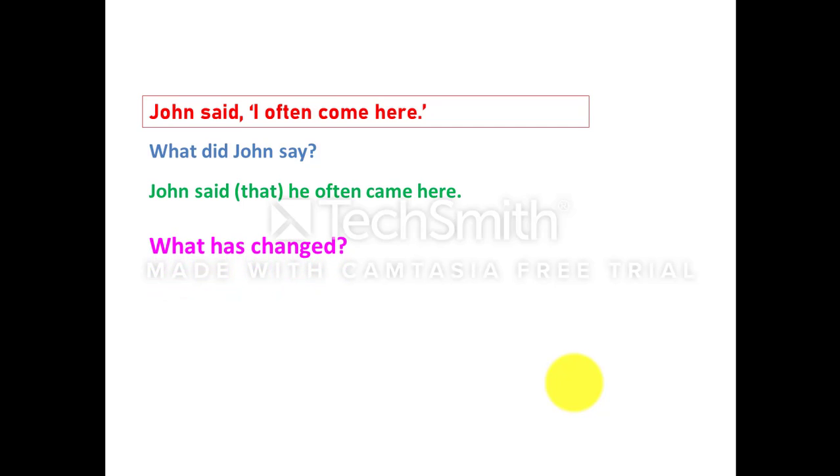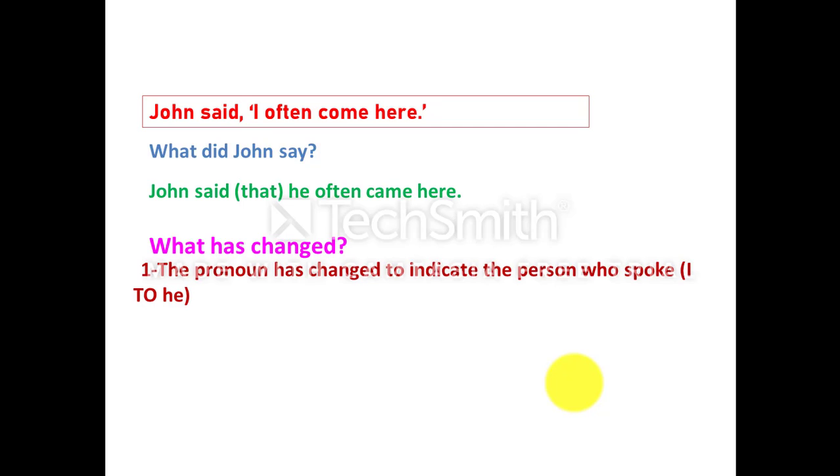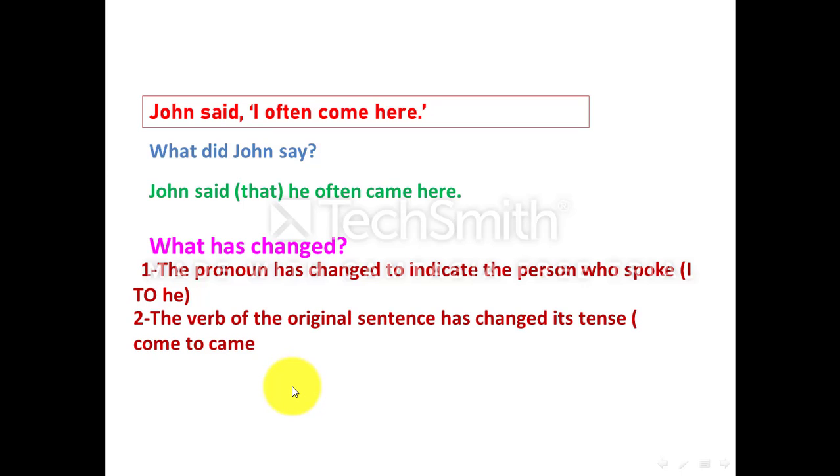What has changed, my dear students, here? Number 1, the pronoun has changed to indicate the person who spoke, I to he. For example, in the first example, John said I. This pronoun I changed into the pronoun he. What else has changed? The verb of the original sentence has changed its tense, come to came.